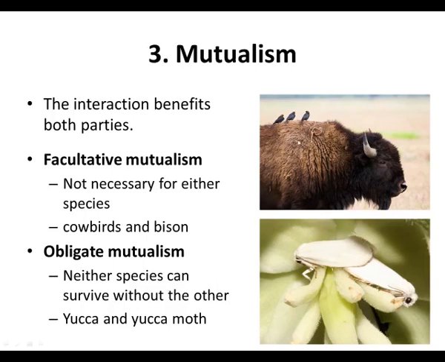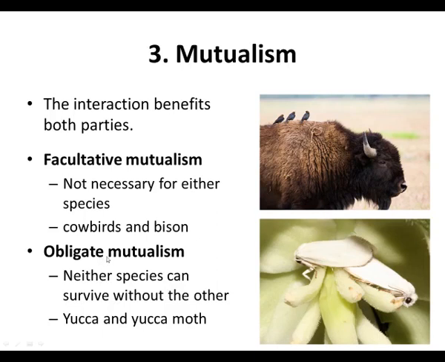Typically these cowbirds are picking on the insects on the bison. So the cowbirds will get food, and the parasite load of the bison will be reduced. But what's going to happen if these cowbirds are not present in that particular habitat? Do you think that these bison can still survive? Yes, they can still survive.